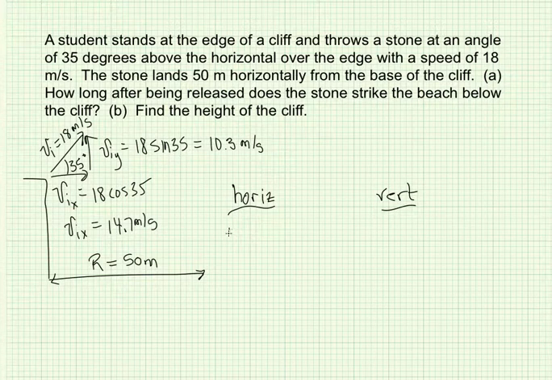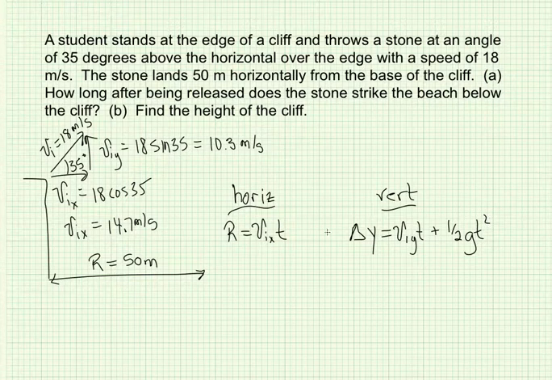I've got my range equals my initial velocity in the x direction times time. And I've got delta y equals my initial velocity in the y direction times time plus 1/2 gt squared. Again, this is exactly what we did with the horizontal. The only difference is this term stays. All right, we have the range.